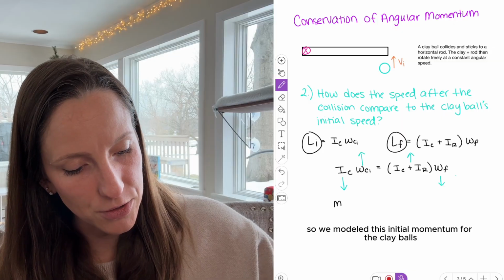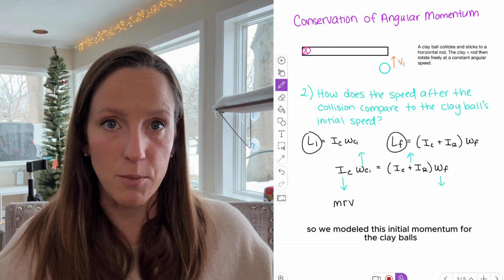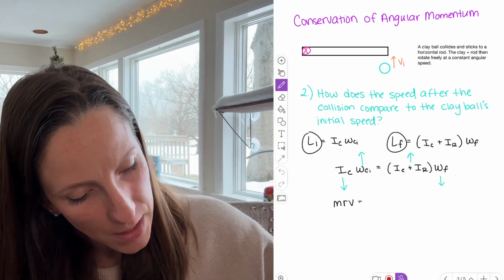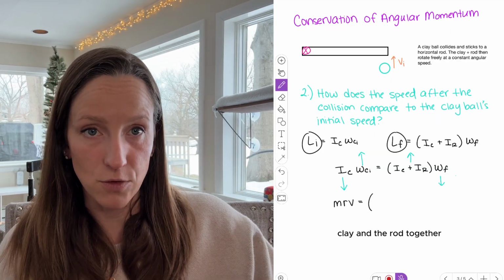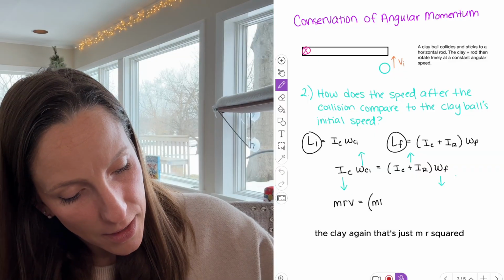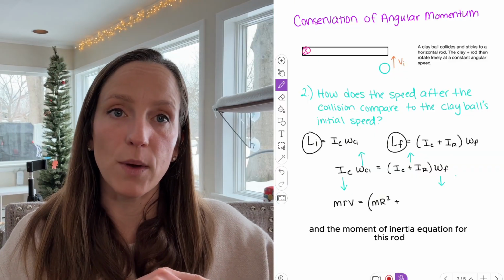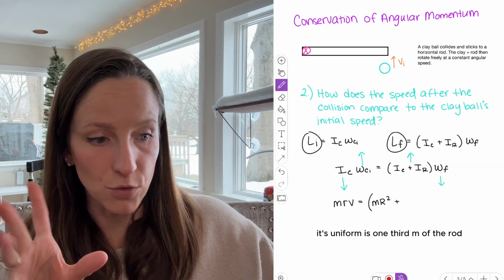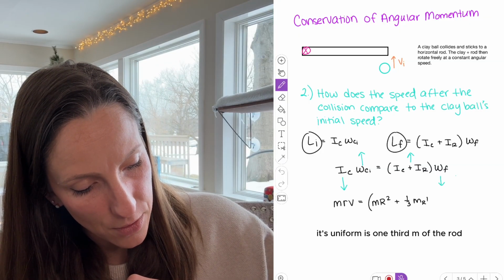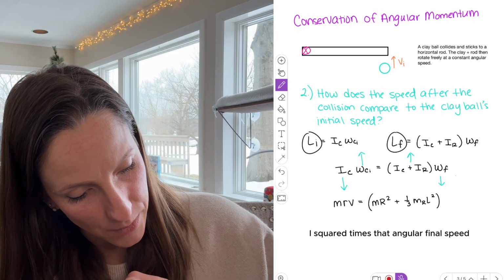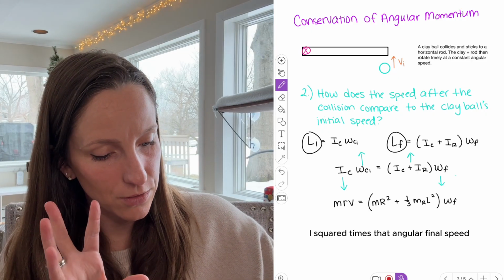So we modeled the initial momentum for the clay ball as mRV previously. And then for the combined moment of inertia of the clay and the rod together, the clay is just mr squared. And the moment of inertia for this uniform rod is 1/3 m of the rod L squared, times that final angular speed.